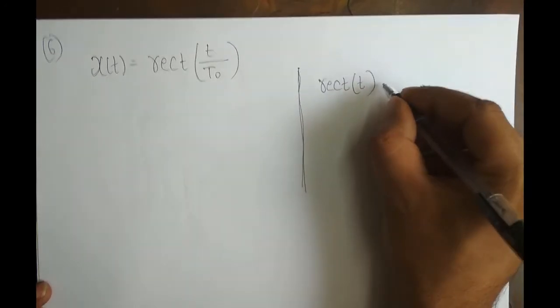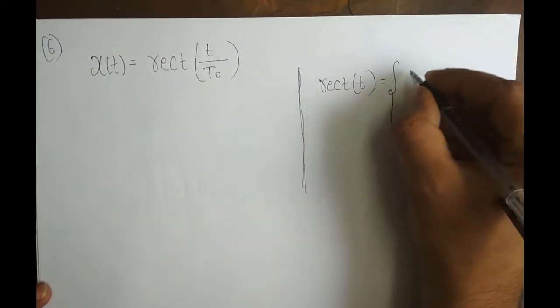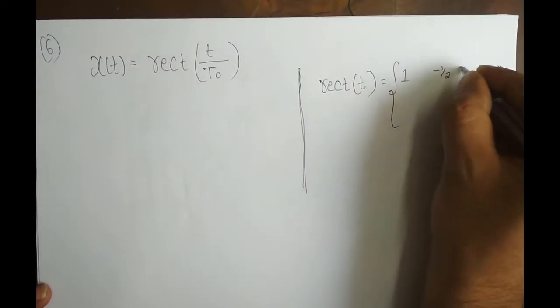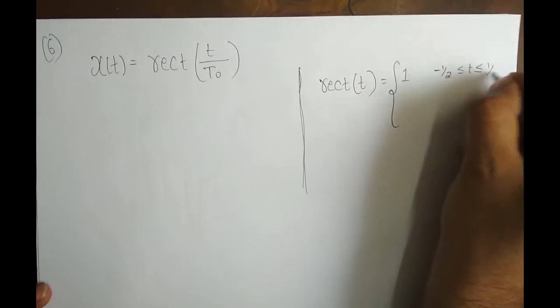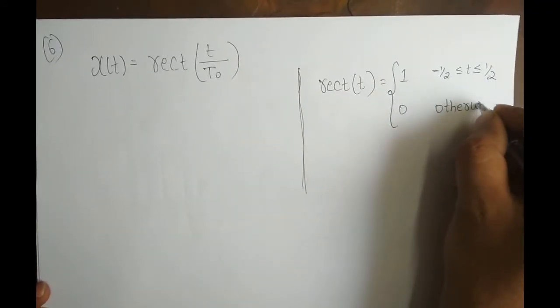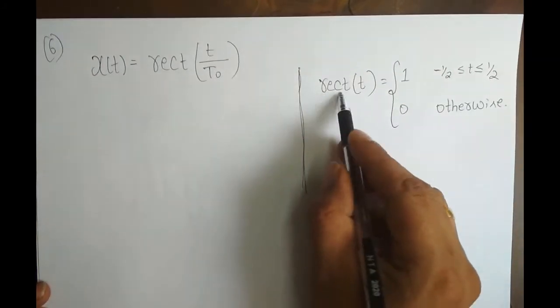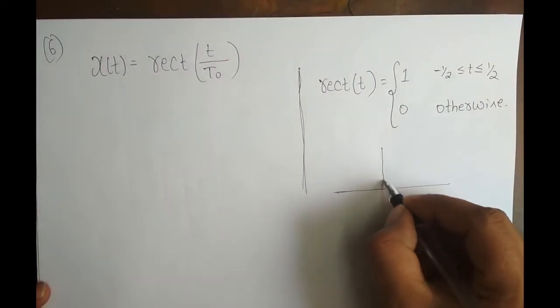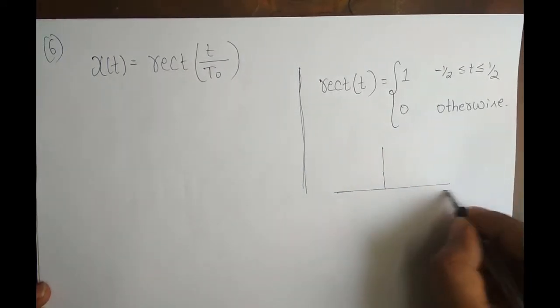RECT of t is defined by, it is actually 1 for t varying from minus half to half and equal to 0 otherwise. This is what RECT of t looks like, in terms of mathematical equation and in terms of graphical representation. So this is our t.